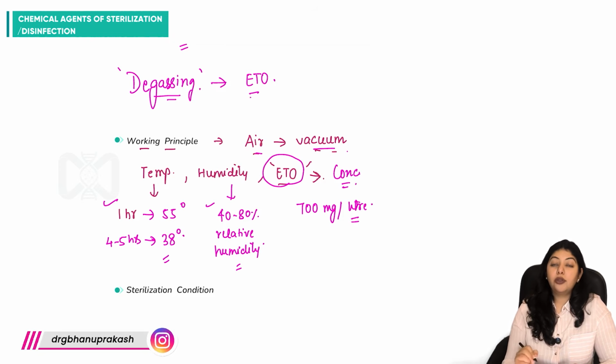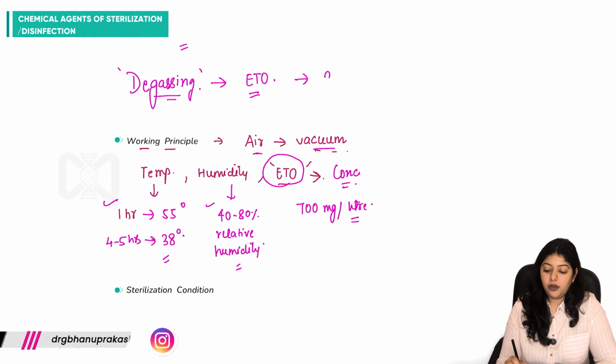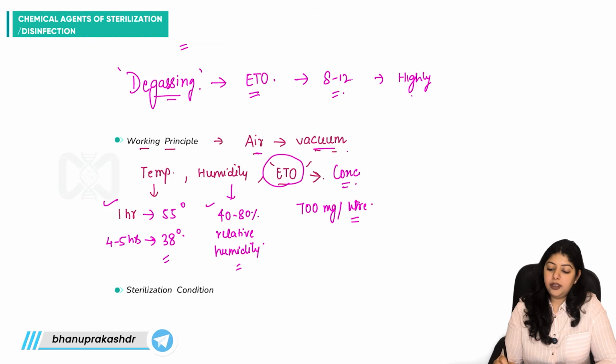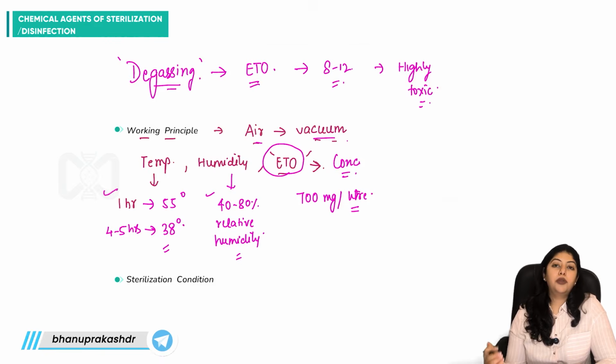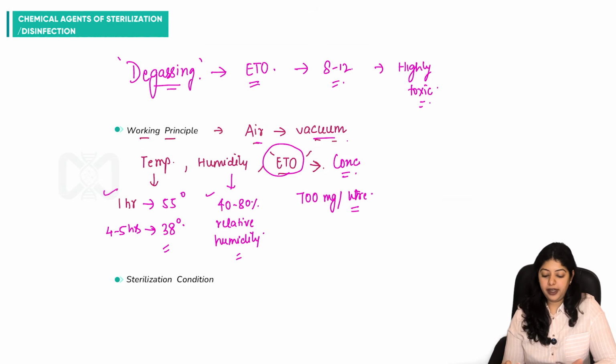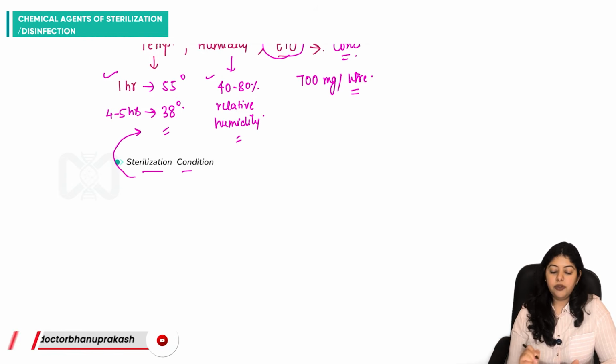We need to close up this machine for around 8 to 12 hours of extensive degassing, because this particular gas is very toxic, highly toxic, and before using the instruments or materials, we need to get rid of this toxic gas, right?